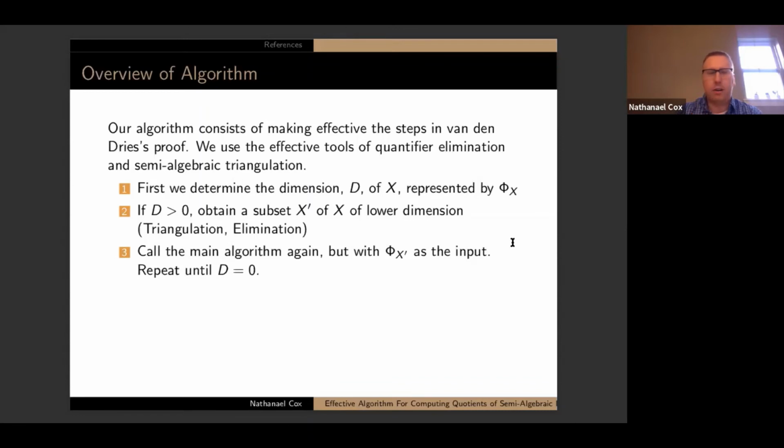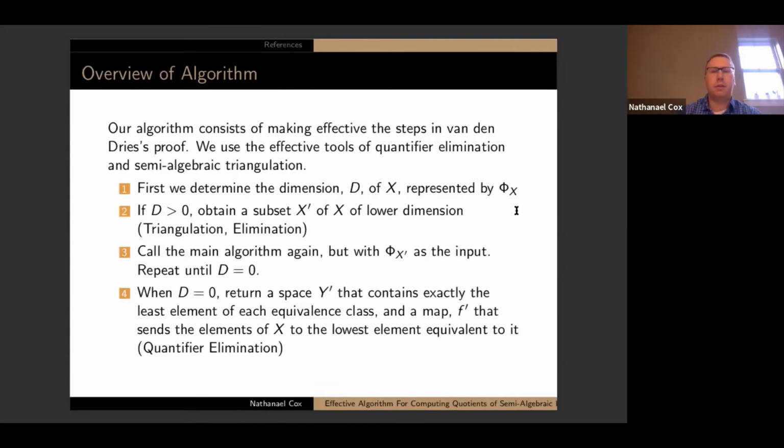So it's hard to say exactly how many times you'll call the algorithm, but it could be up to D times. Right? And then when D equals 0, we can return a space Y prime that contains exactly the least element of each equivalence class and a map F prime that sends elements of X to the lowest element equivalent to it. And to do this step, we need quantifier elimination, right?